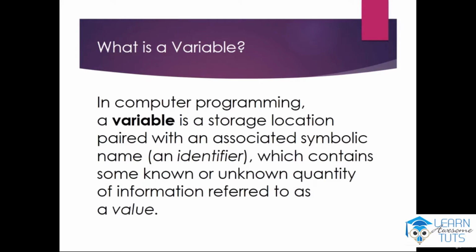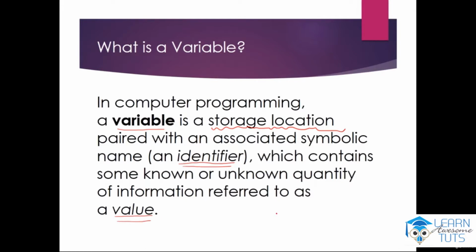In computer programming, a variable is a storage location paired with an associated symbolic name. This is an identifier which contains some known or unknown quantity of information referred to as a value.